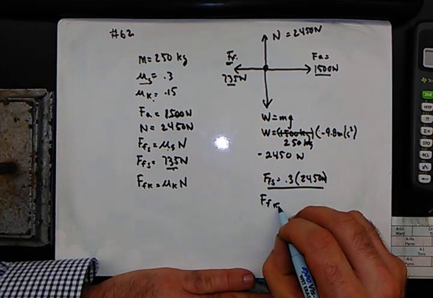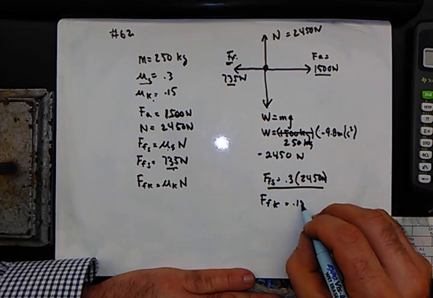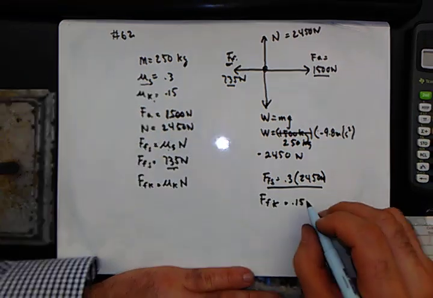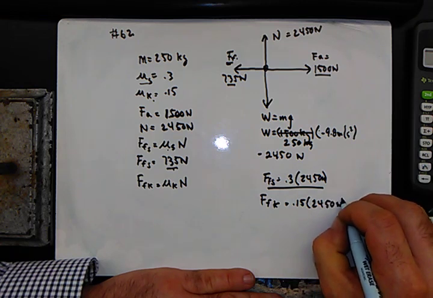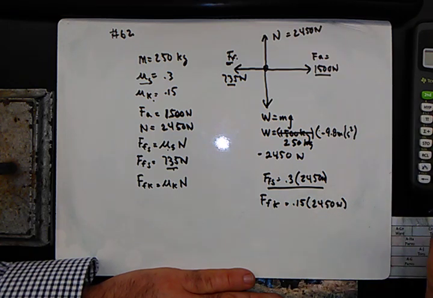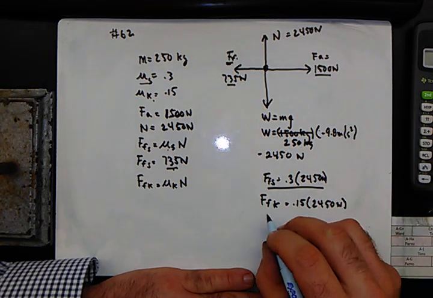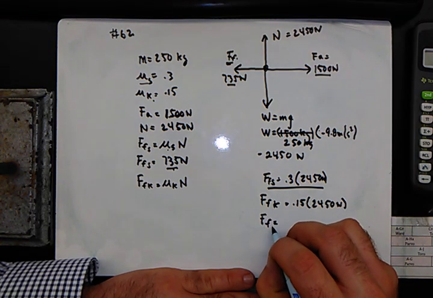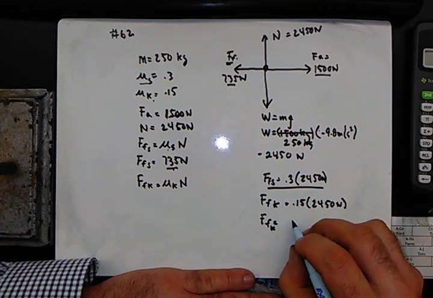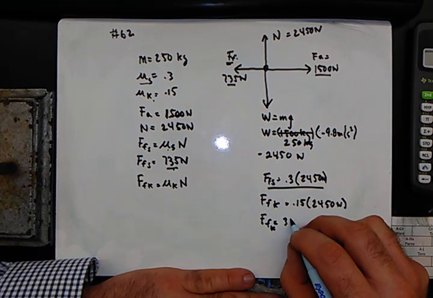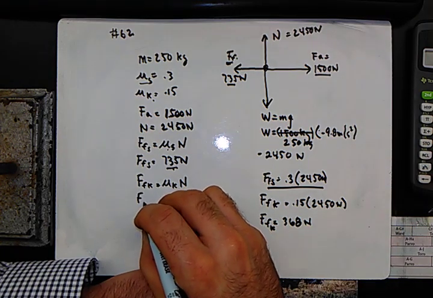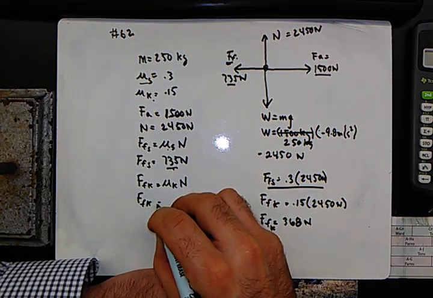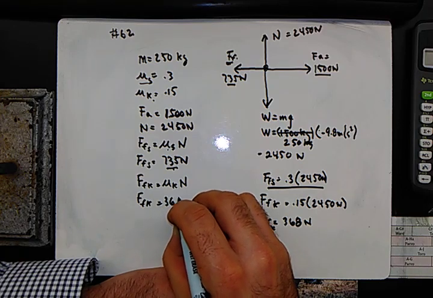Force of friction kinetic is 0.15, that's my kinetic coefficient, times 2450. So let's see what we got there. My force of friction kinetic while it's moving is 368 newtons.